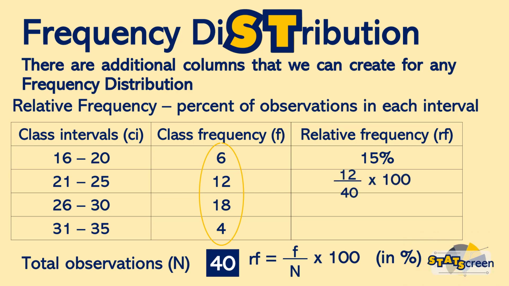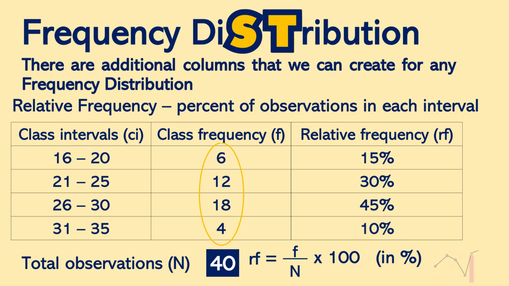That's the frequency for the class interval 21 to 25, divided by 40, and then multiplied by 100%, or simply 100. And you place the symbol for percent. This would mean it's just 30%. And then it will follow so on and so forth. 45%, and you will have the last one, 10%.